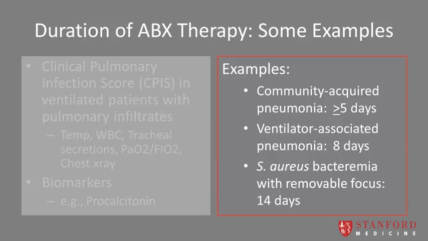And outside the realm of pneumonia, an infection such as Staph aureus in the bloodstream, in which there's a removable focus, for instance line infection associated with Staph aureus, can be treated for just 14 days, as opposed to much longer courses of therapy in circumstances where endocarditis is present.